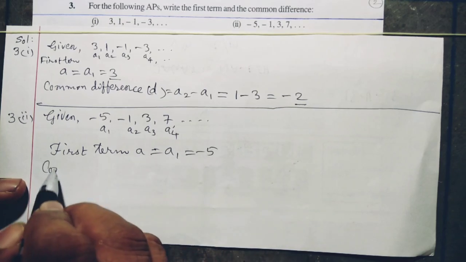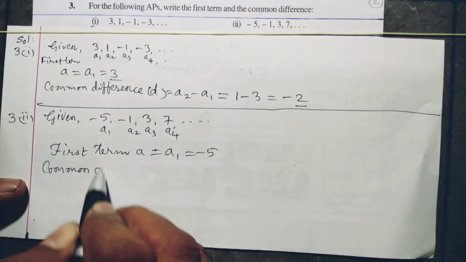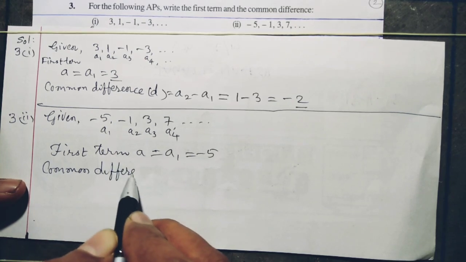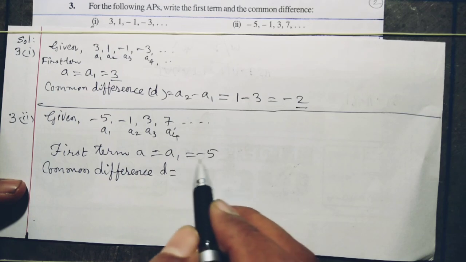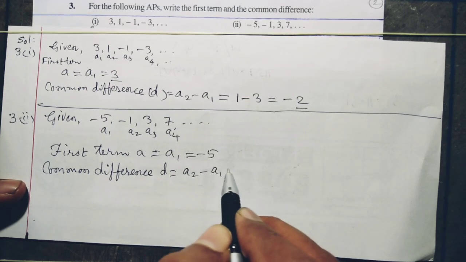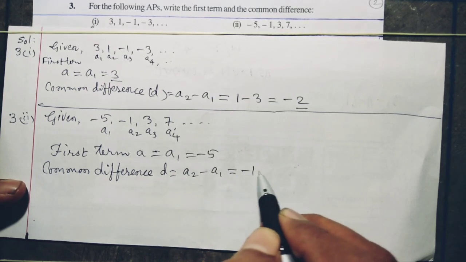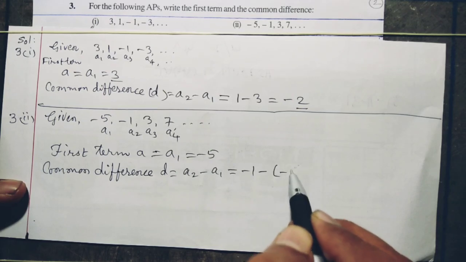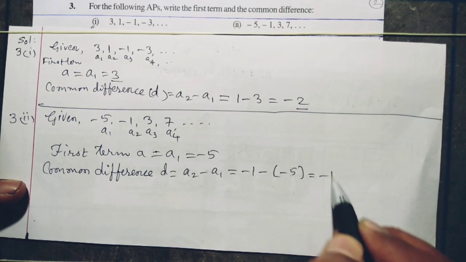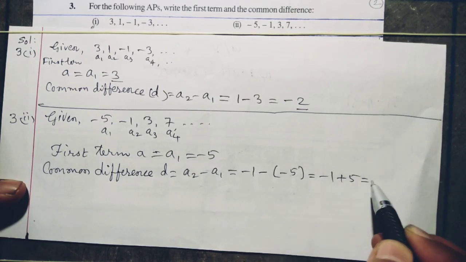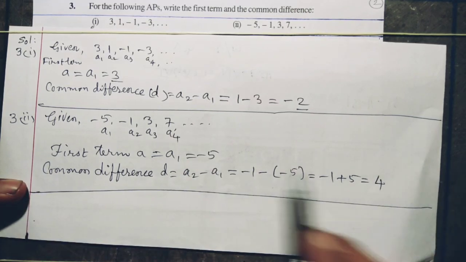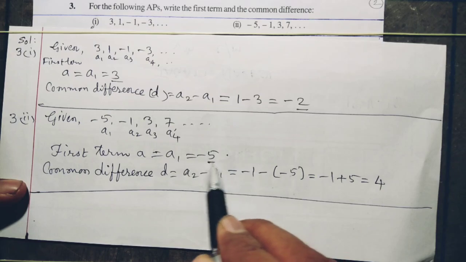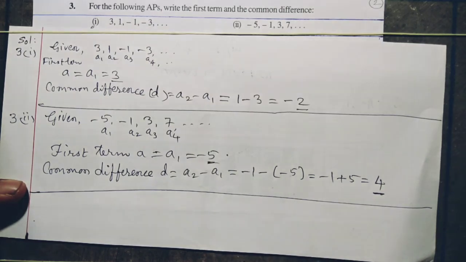Common difference D is equal to A2 minus A1 is equal to minus 1 minus of minus 5, that is equal to minus 1 plus 5 is equal to plus 4. These are two answers. This is the first answer, this is the second answer.